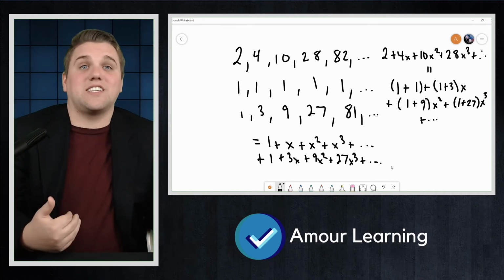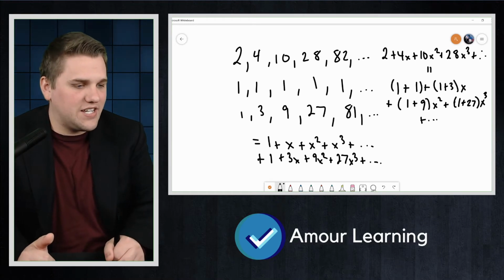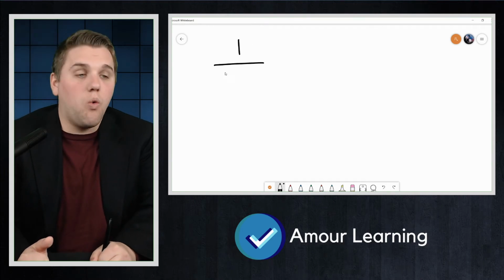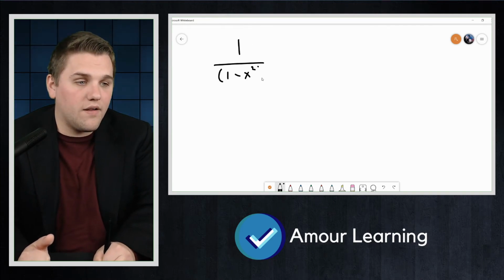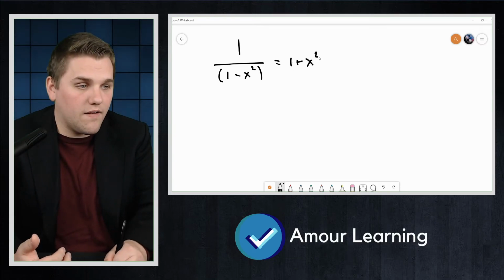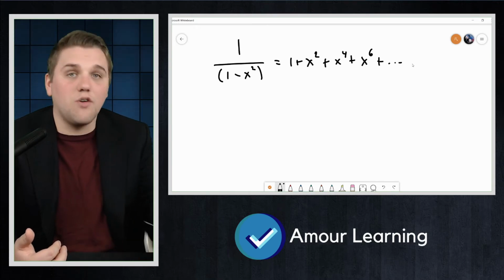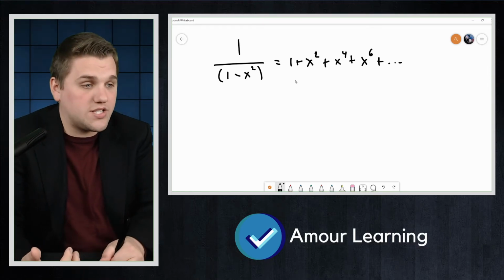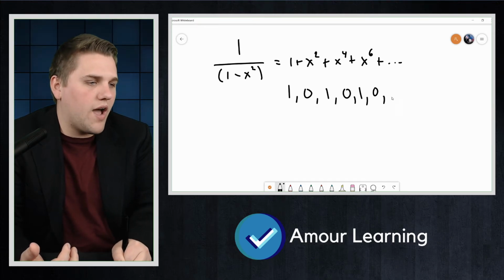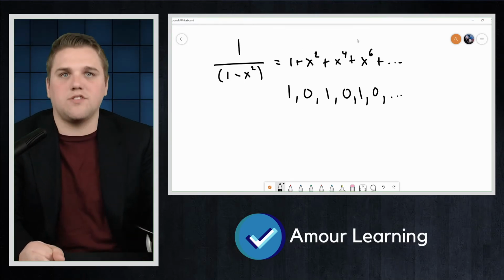If you replace x in our original generating function by x squared, we get that 1 over 1 minus x squared equals 1 plus x squared plus x to the 4th plus x to the 6th and so forth, which generates the sequence 1, 0, 1, 0, 1, 0, and so forth, because in this instance there are no x terms or x cubed terms or x to the 5th terms.